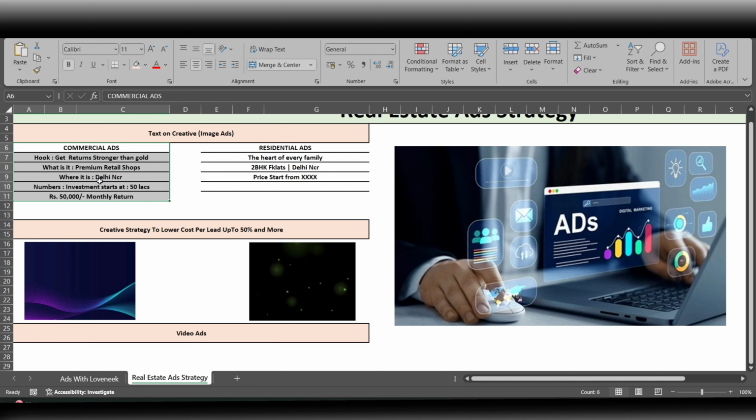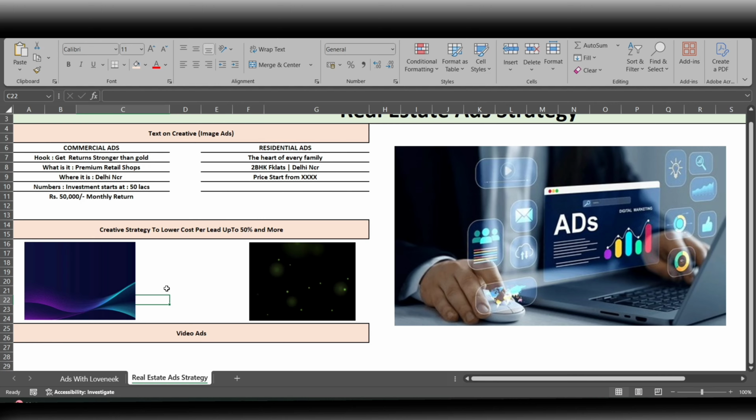It might not even be something people notice very much, but a very slight animation. Let's say you add this background and these waves are moving slightly, just that. So basically a very minute animation on the image ad.